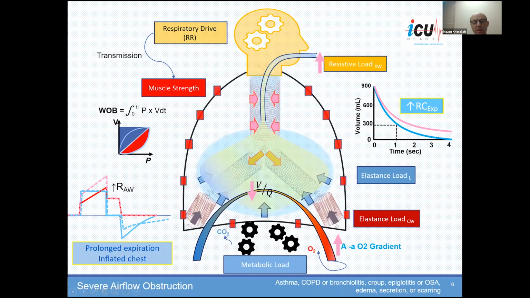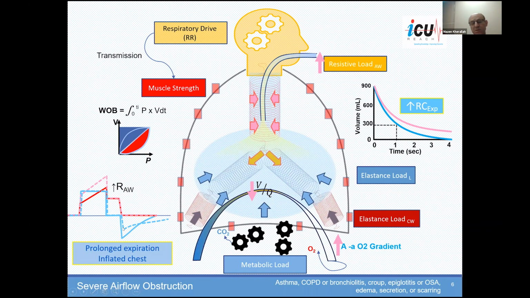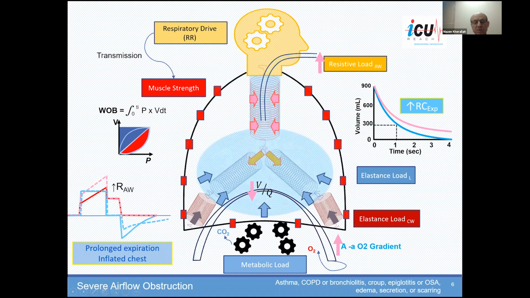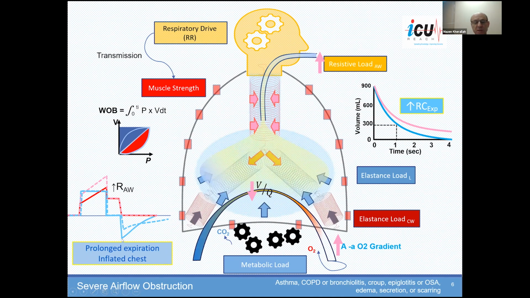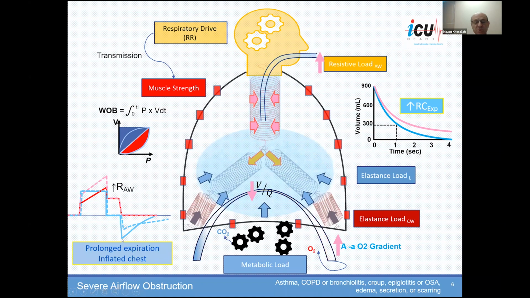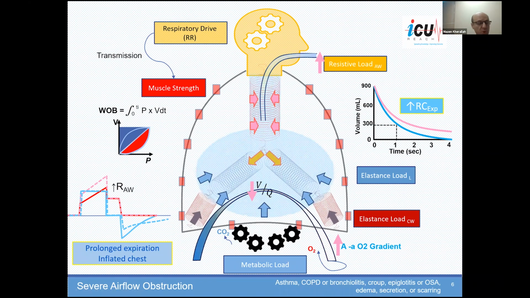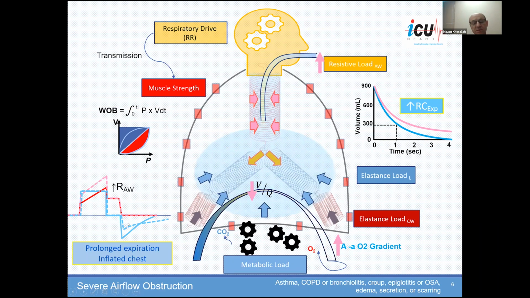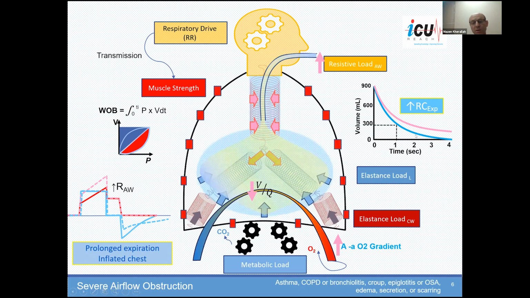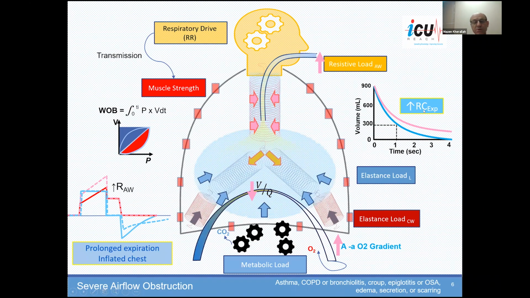However, in expiration, where it is passive expiration, you will see in the dotted line here that the flow does not reach the same previous peak expiratory flow due to limitation of the expiratory flow, secondary to the increased resistance. At the same time, it takes longer because the RC is prolonged.